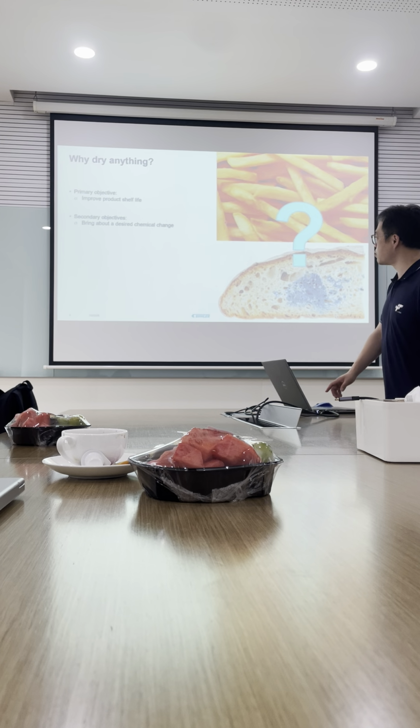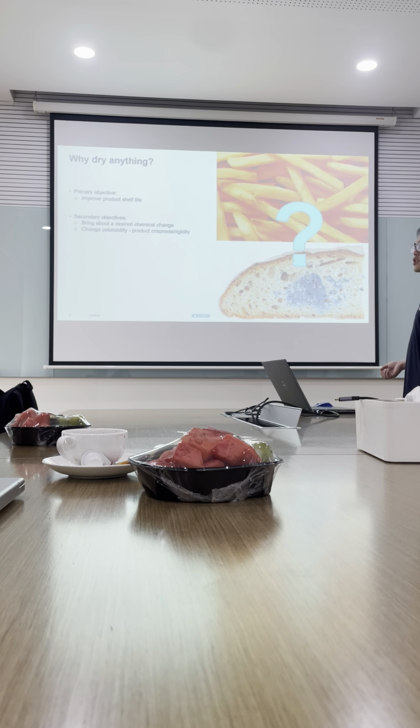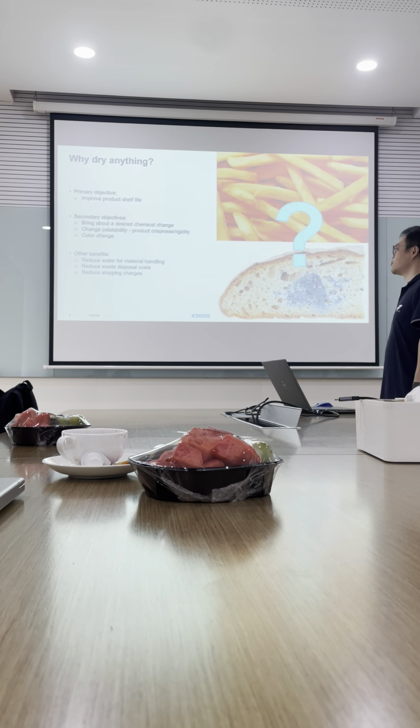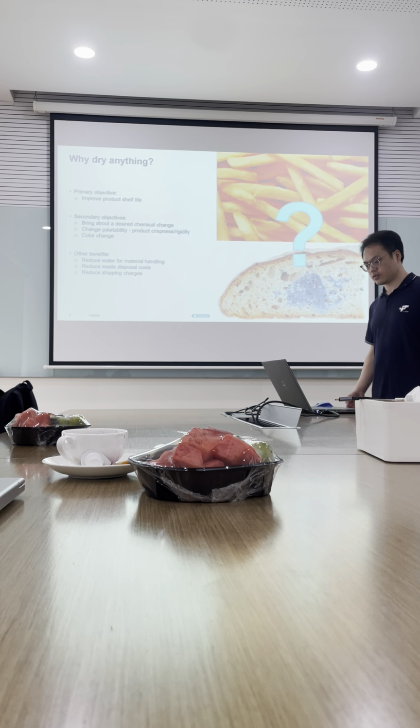The secondary objectives include first, bringing about the desired chemical change, and changing the color. These are some other benefits, such as reducing water for material handling, reducing the waste disposal cost, and reducing the shipping charges.